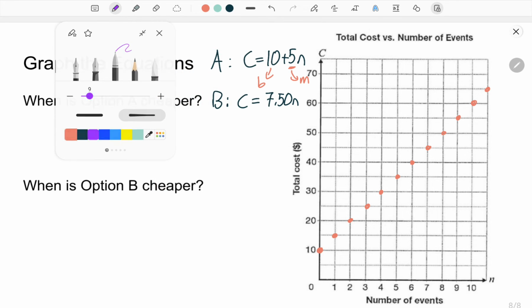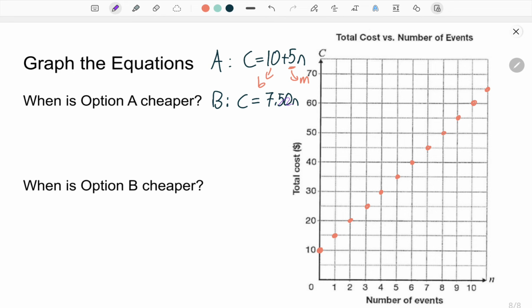Okay, let's do purple for the next one. So for purple, we only have 7.50n. So we only have a slope value. That means b, since it's not written there, it's just 0. So we start at 0, and then we go up 7.50 from there. So this one's a little trickier, just because it's not directly on the intersection of 2 grid lines.